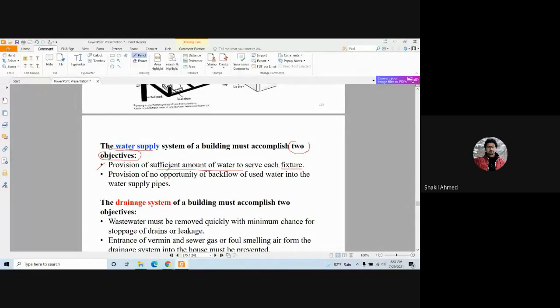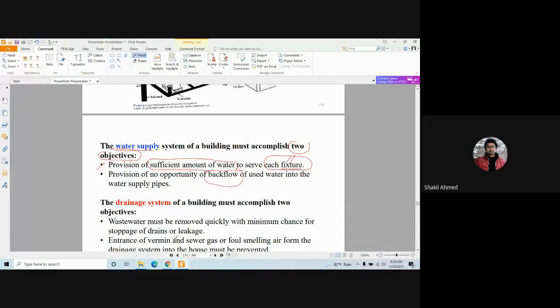One is provision of a sufficient amount of water to serve each fixture. That's what I told you, that each fixture has different water demand. And if you want them to function properly, then you need to provide a sufficient amount of water to each of them according to their demand. The second is no opportunity of backflow of used water into the water supply pipes.